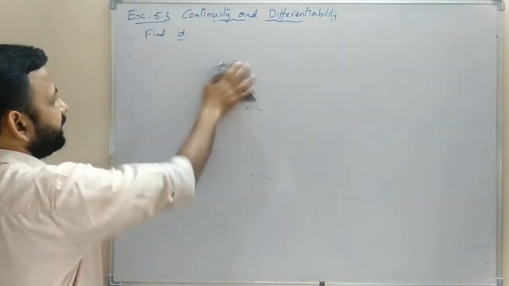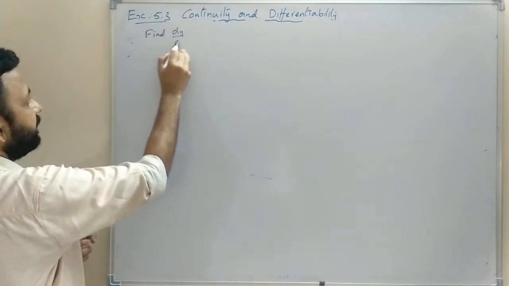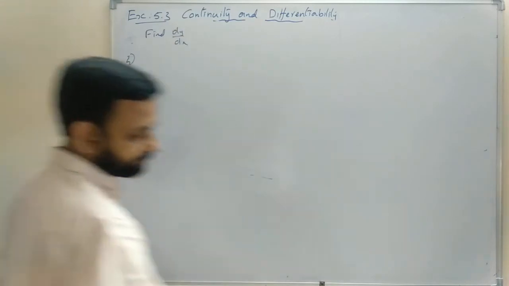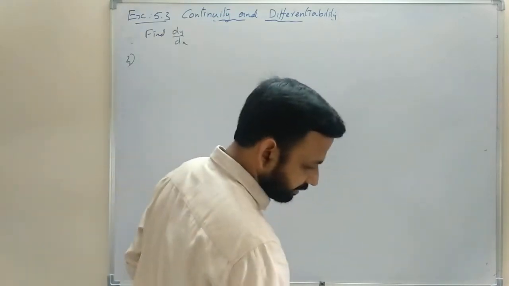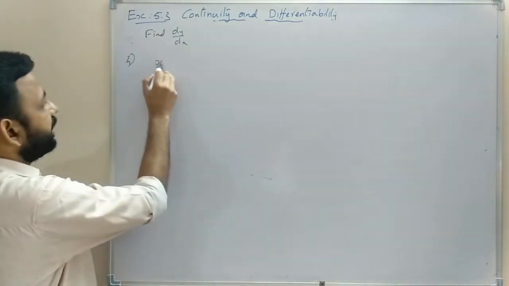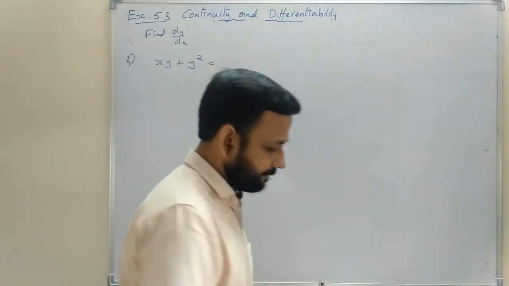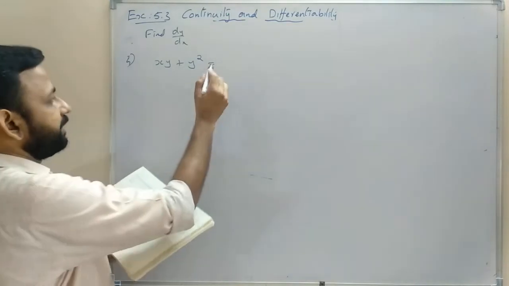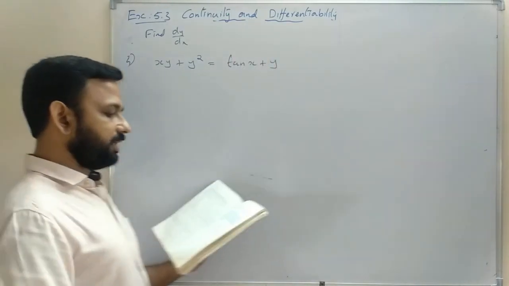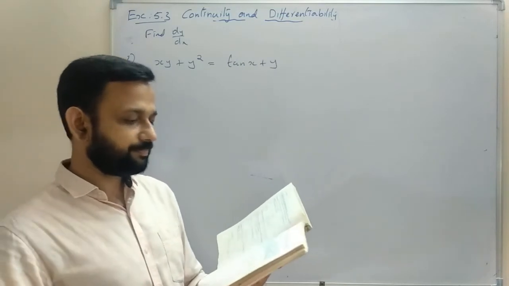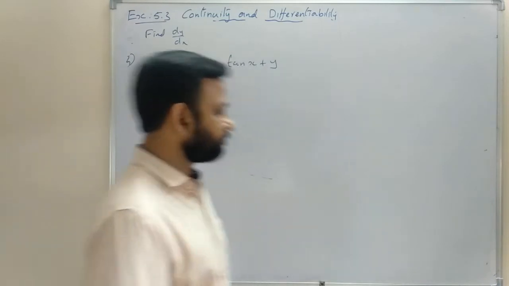Fourth question, find dy by dx. xy plus y square equal to tan x plus y. So we need to find the dy by dx from here.